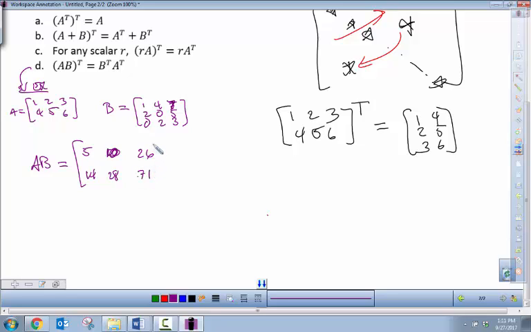Wow, you did all that. All right, I hope that's right. So that's AB, and so AB transpose is going to equal 5, 10, 26, 14, 28, and 71.